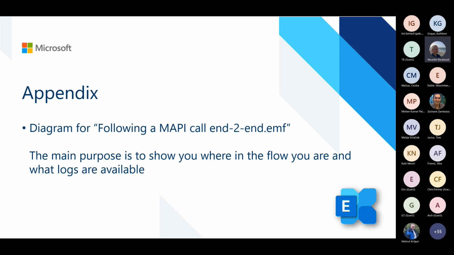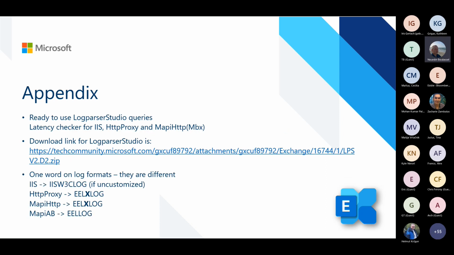That's one thing. And the other thing I'd like to share is a few simple latency checkers using Log Parser Studio for IIS, HttpProxy, and MapiHttp. You can download Log Parser Studio from that location.